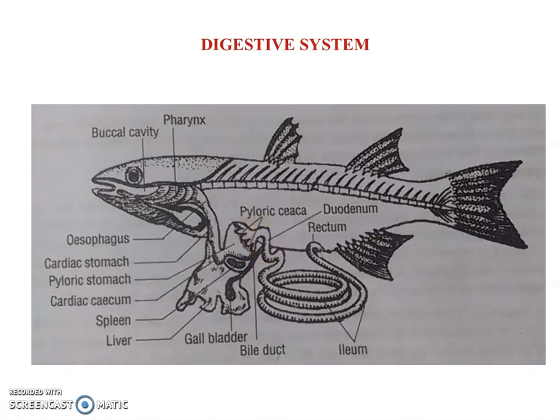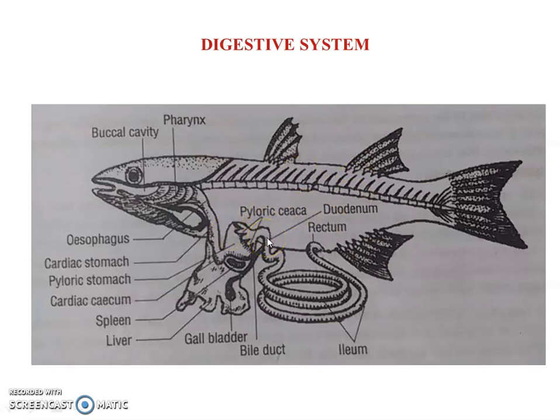At the junction between the pyloric stomach and the duodenum, the pyloric stomach is produced into glandular outgrowths which are referred to as pyloric ceca. You can see finger-like structures. These are glandular outgrowths of the pyloric stomach, present at the junction between the pyloric stomach and the duodenum.